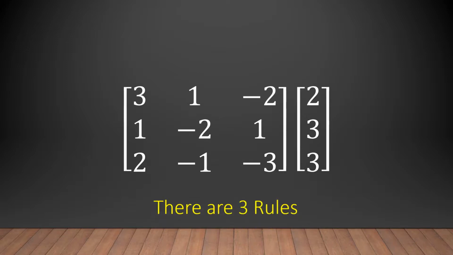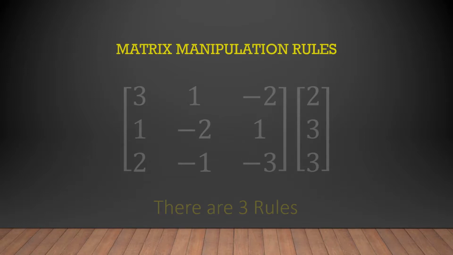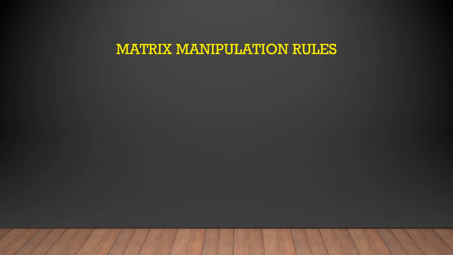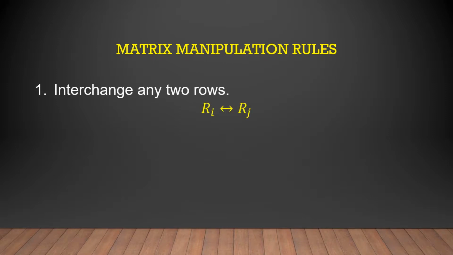First off, there are 3 rules you have to follow. Here they are. The first thing is we can swap any 2 of the rows. Now what that means is that a particular horizontal row of the square matrix, along with the element in the column matrix, can be swapped with those in another row.